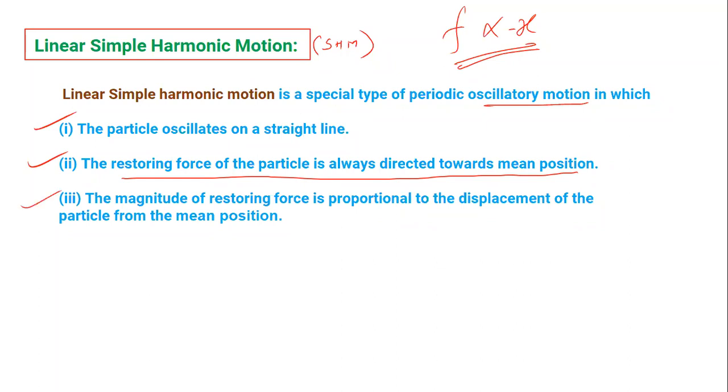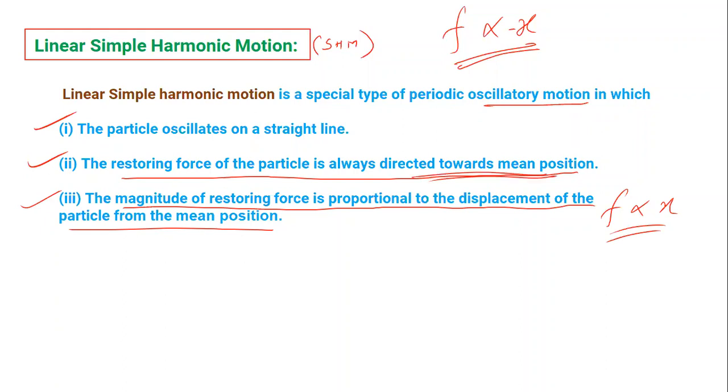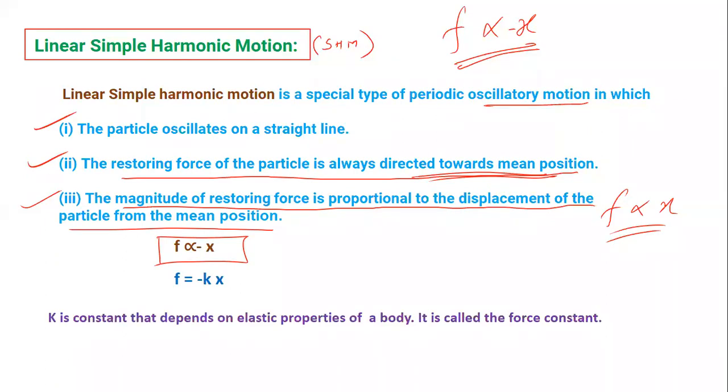Third, the magnitude of the restoring force is proportional to the displacement of the particle from the mean position. So here we get the relation F is proportional to minus x, so F is equal to minus kx. K is a constant that depends on the elastic properties of the body, and that constant is called the force constant, which we already discussed.